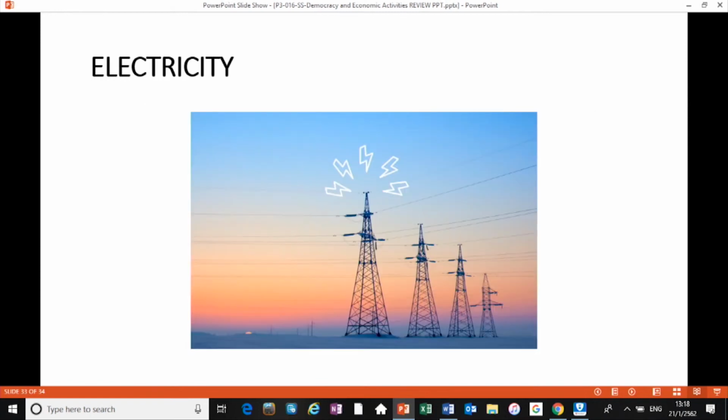Electricity. Remember the video before? Who uses electricity? Everybody. We're using electricity now. The television, the computer, the light, all examples of electricity.